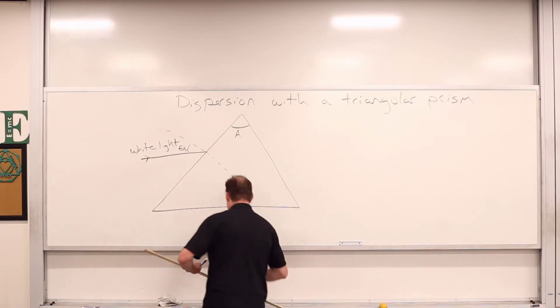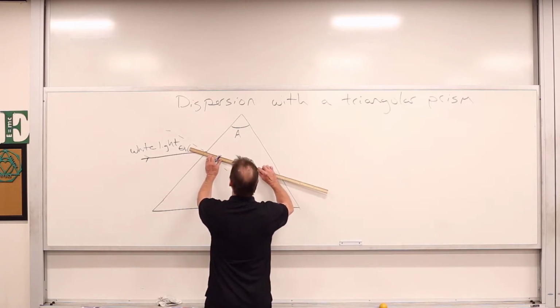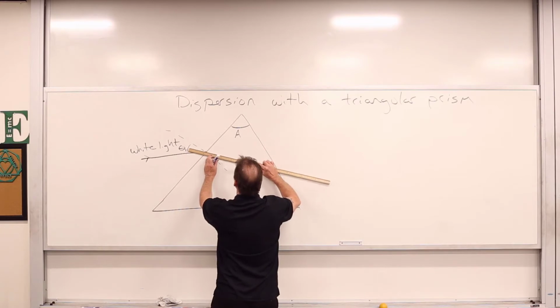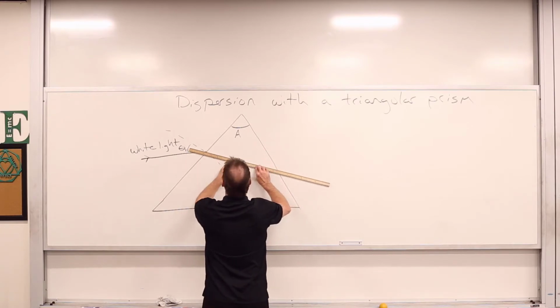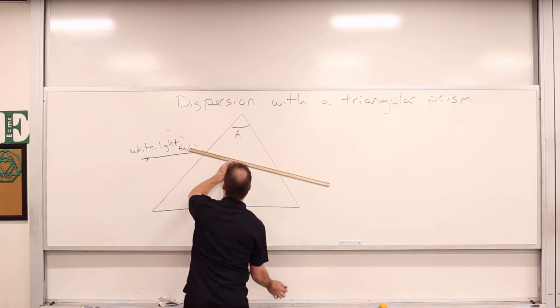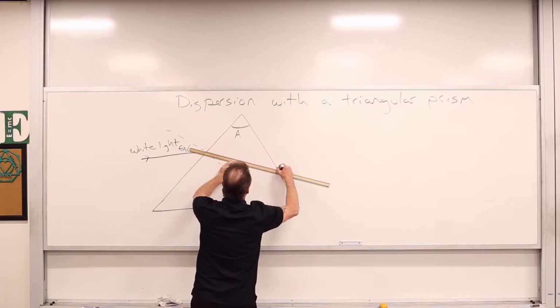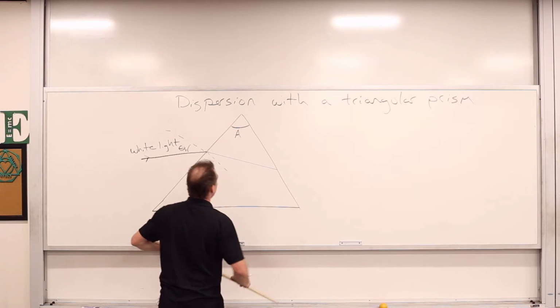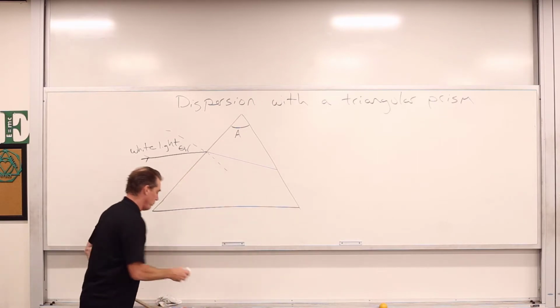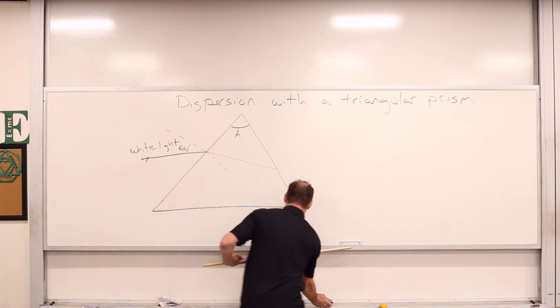So let's just trace out this violet path here. We'll say that the violet comes down something like this, bending towards the normal. It's going to strike that location, and that's great. And then what is it going to do? Well, there's a normal with respect to this position as well.